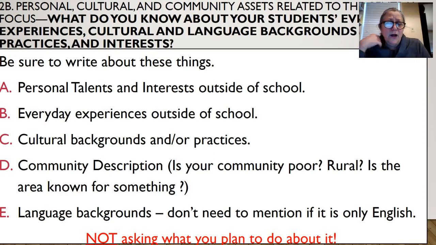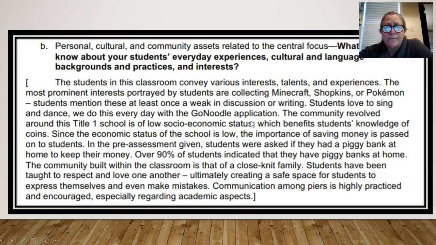Now, I've talked a lot about assets in No Cookie Cutter Classroom. So again, if you're struggling with figuring this out, it might be good to go and talk about that. Now, again, this is not asking you to write what you're planning to do about these things. You're still just describing your students.